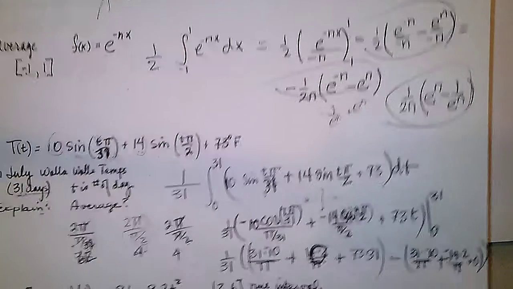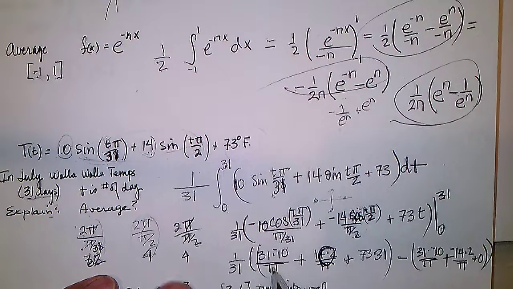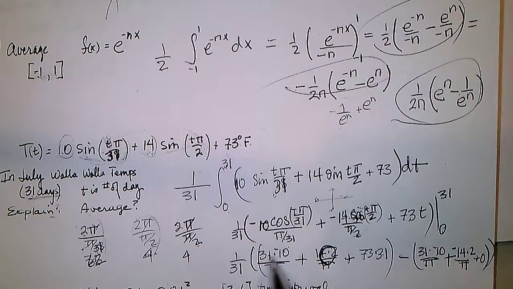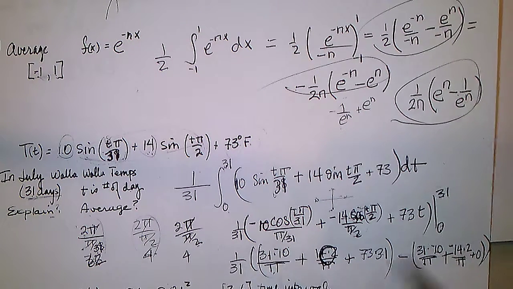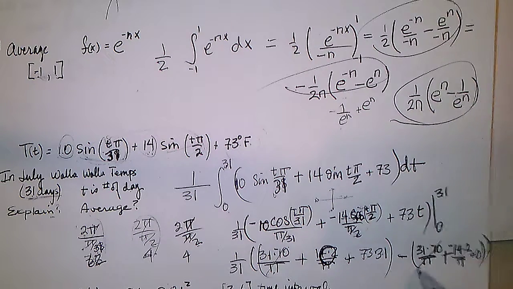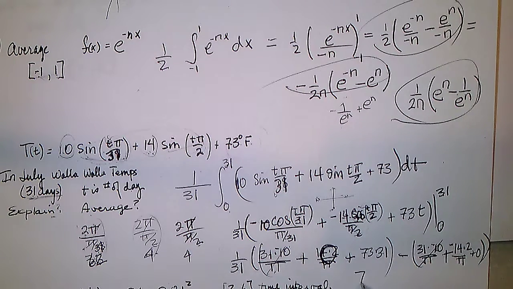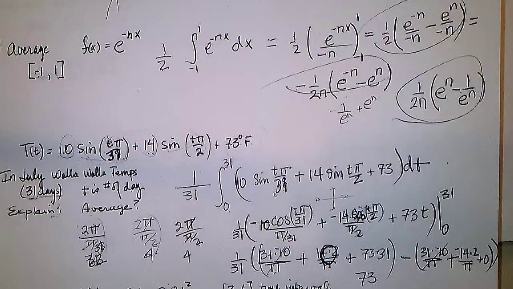So we have ugly, ugly, ugly. So minus 310 over pi minus a minus 310 over pi, they're going to cancel. And the 31 is going to cancel that 31, so I got 73 out of this, which we kind of figured was the baseline temperature.